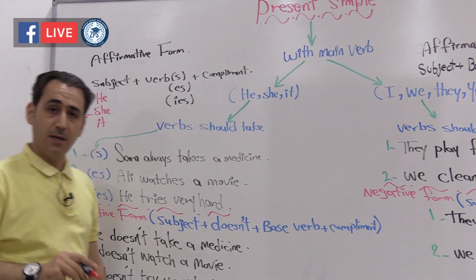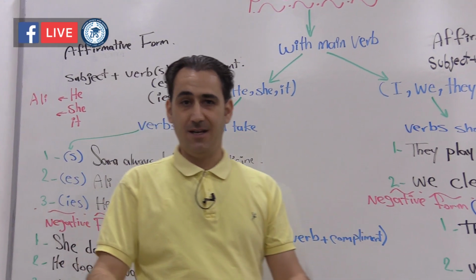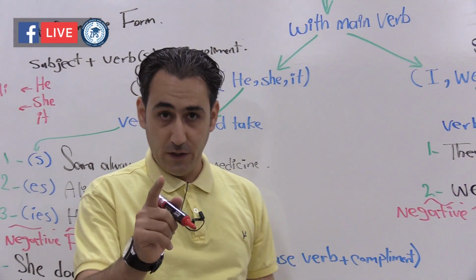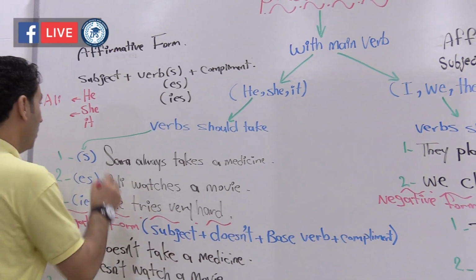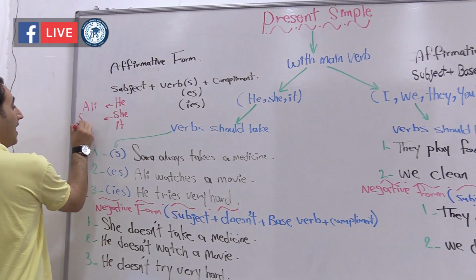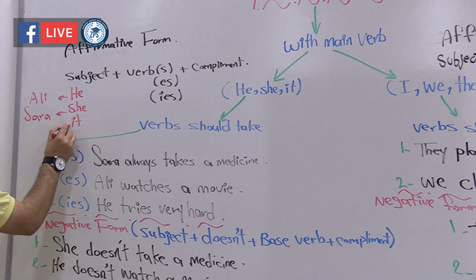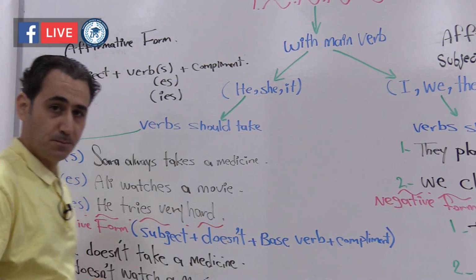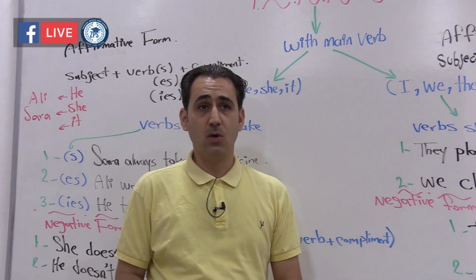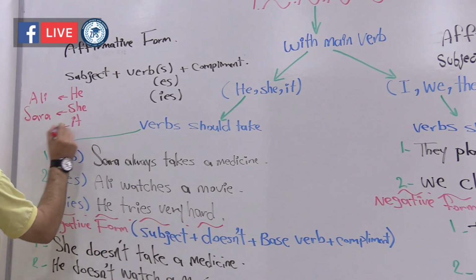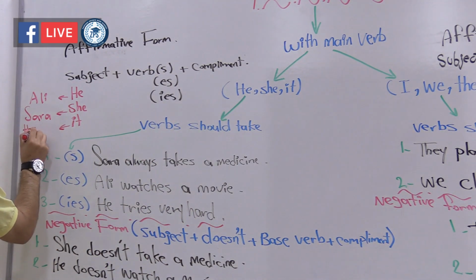When I start talking with someone, if I say she, maybe he or she will ask, who's she? So first, you should refer to Sarah or any other noun before she. And it, the same. For example, the conference starts tomorrow. So instead of the conference, we can use it.